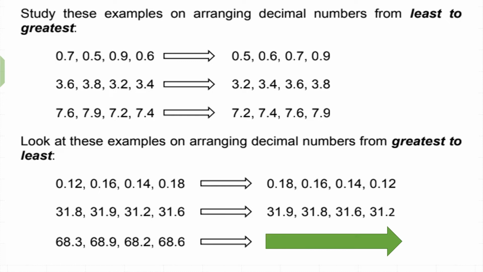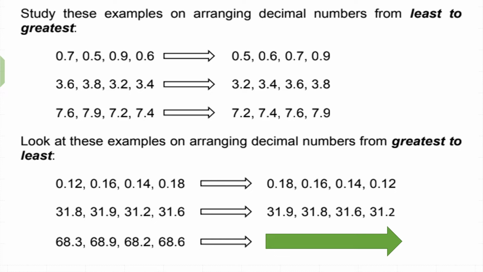Okay? Last example is 68 and 3 tenths, 68 and 9 tenths, 68 and 2 tenths, and 68 and 6 tenths. Now, since 68 is the whole number which is the same, look for the digit right after the decimal point.